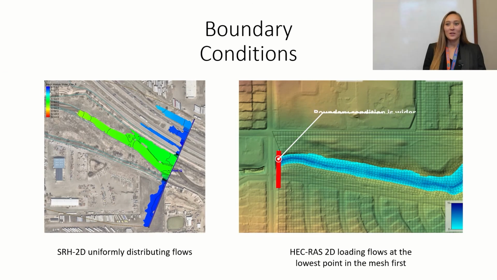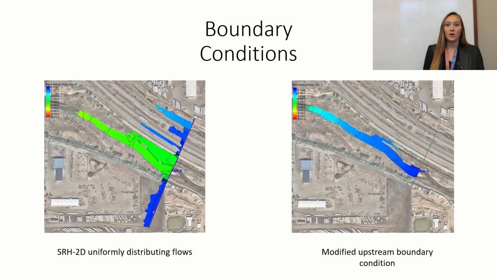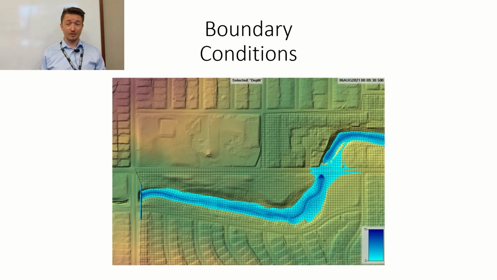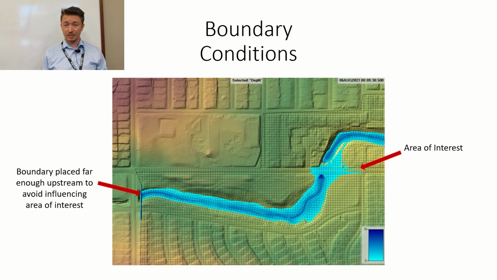So, the best option to avoid overestimating your flood limits near the point where flow is being loaded is to stick an upstream boundary condition that is the same size or smaller than your floodplain width. And remember, just like the downstream boundary, to avoid any influence on your results from the upstream boundary condition, it's best to place that upstream boundary condition far enough upstream to allow the flows to spread out to the floodplain.